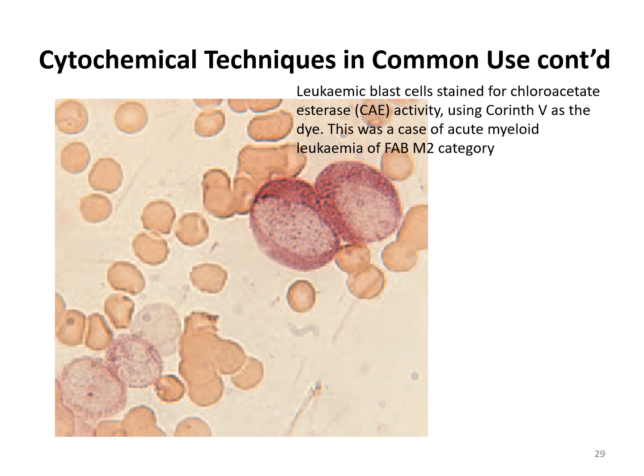This is a leukemic blast cell. You can see the large cells stained with chloroacetate esterase. The dye used is called Corinth V, and this is a case of acute myeloid leukemia, M2 category.